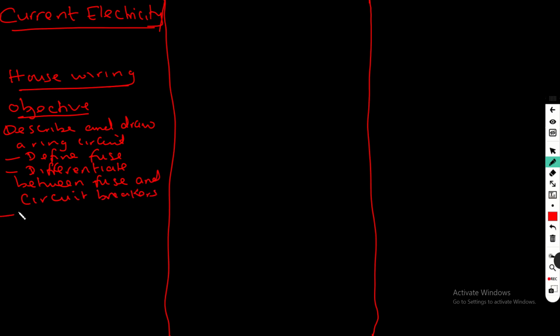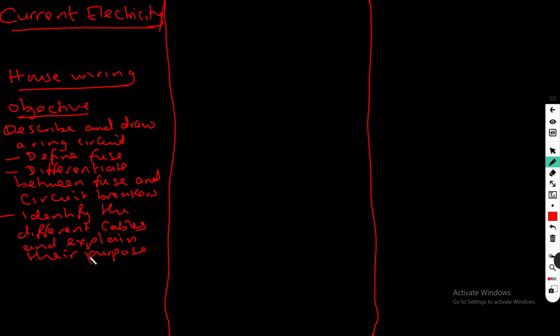You should be able to identify the different cables and explain their purpose.